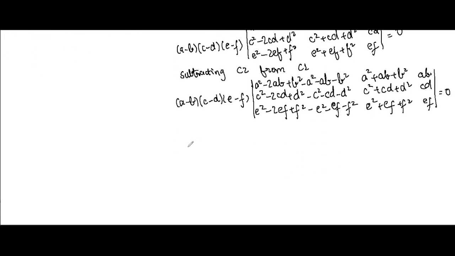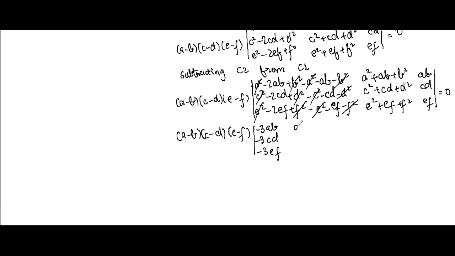Then we have (a − b)(c − d)(e − f). Let's cancel what can be cancelled: a² − a², b² − b², c² − c², d² − d², e² − e², f² − f². And we are left with −2ab − ab, which is −3ab, −3cd, and −3ef.